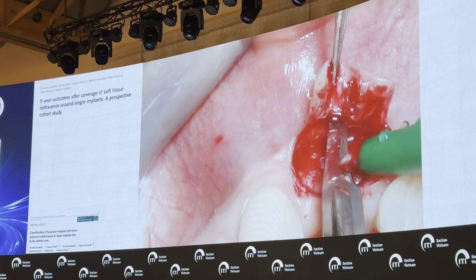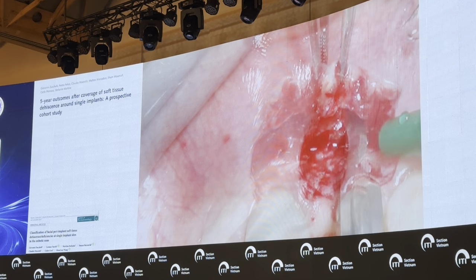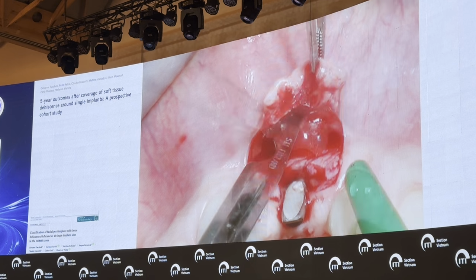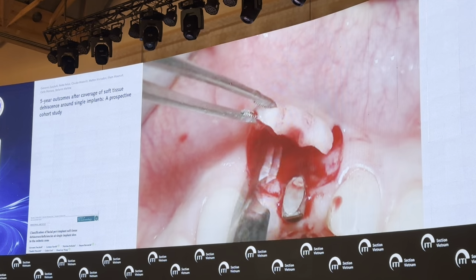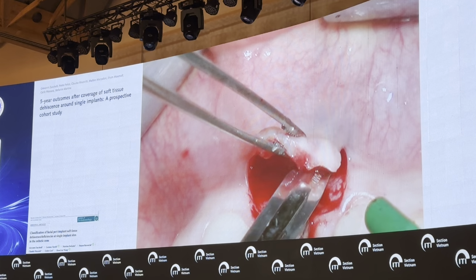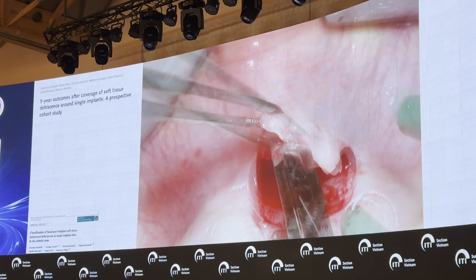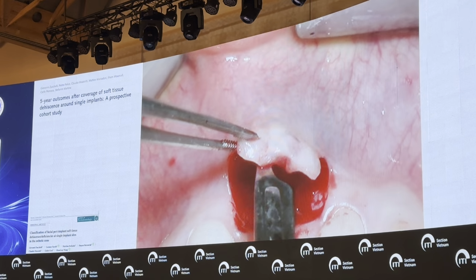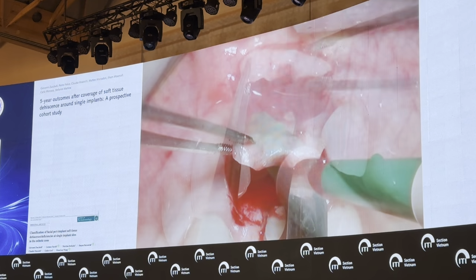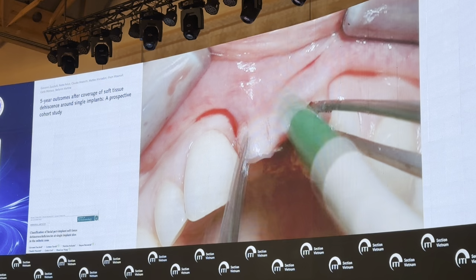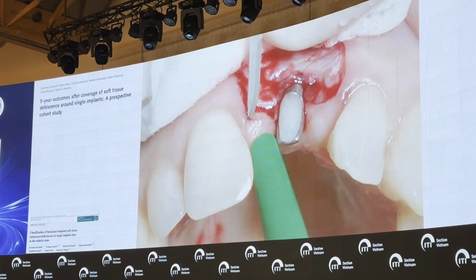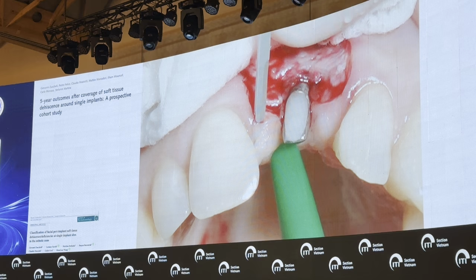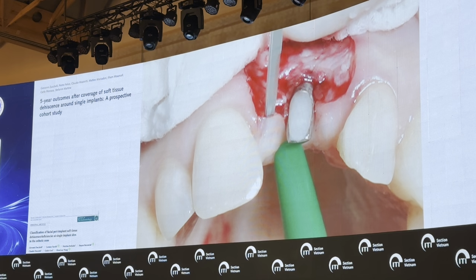Vertical releasing incisions interrupt the vascular support when they are performed into the alveolar mucosa. These vertical releasing incisions are really limited in alveolar mucosa. I just make the vertical releasing incision into the keratinized tissue and 1 millimeter into the alveolar mucosa, so there is almost no vascular supply interruption.